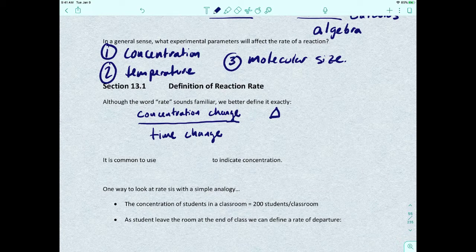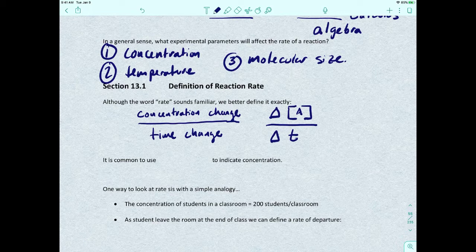Okay. Now, to represent concentration, we use a pair of brackets. So, for instance, if we were talking about the concentration of a certain species, let's call that species A, I'd write a set of brackets, and inside the brackets, I would put A. Now, to represent the time change, I'm going to use another delta symbol, but this time with a lowercase t.